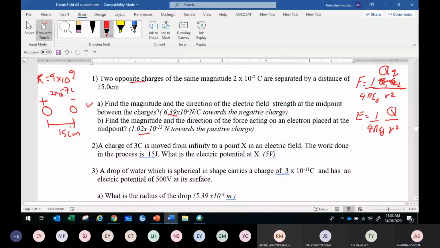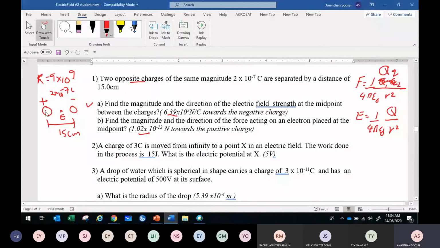Find the magnitude and the direction of the electric field strength at the midpoint between the charges. What is the E at the center?